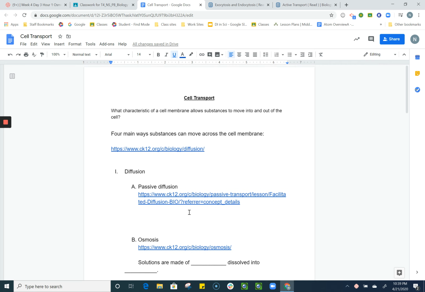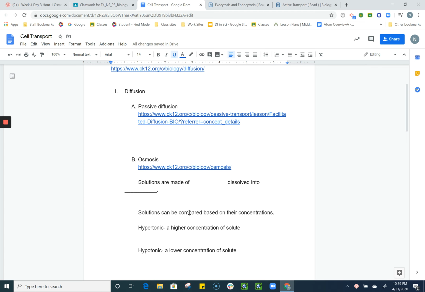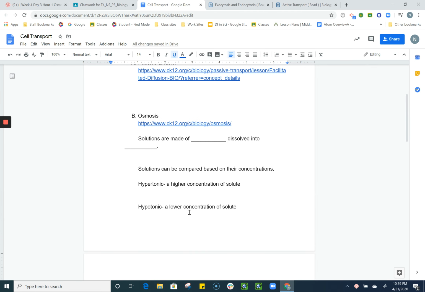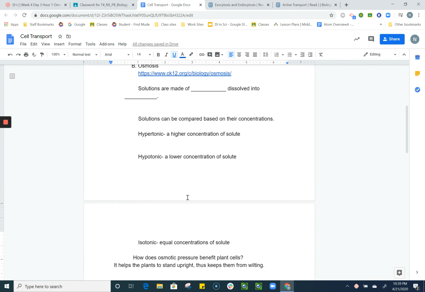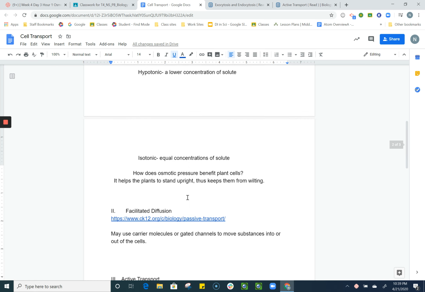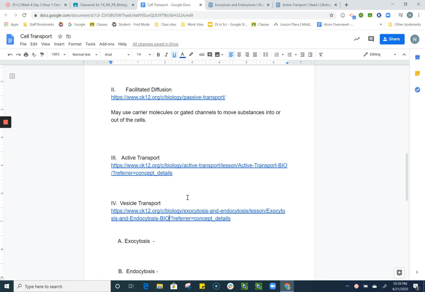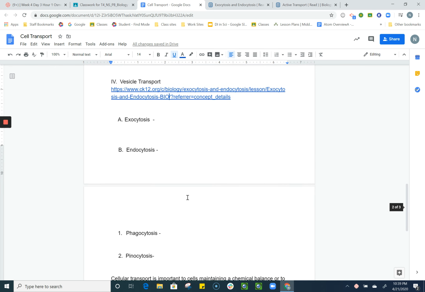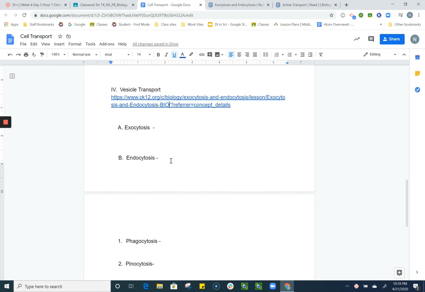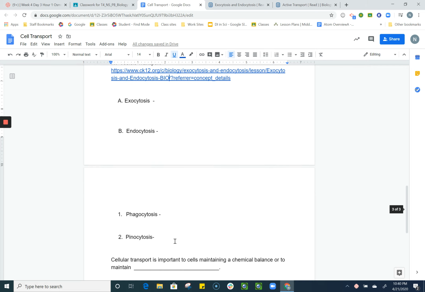So you need to know your types of passive transport. You need to know the difference between hypertonic, hypotonic, isotonic. You need to know active transport requires cell's energy. You need to know the difference between exocytosis, endocytosis, and then the types of endocytosis. Okay.